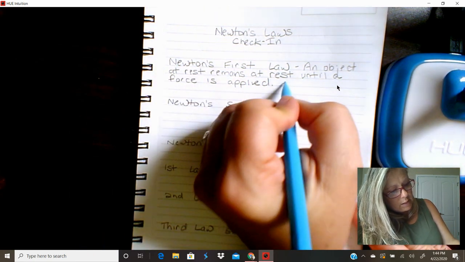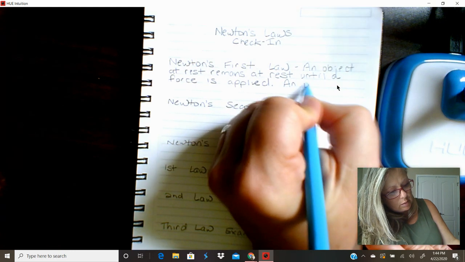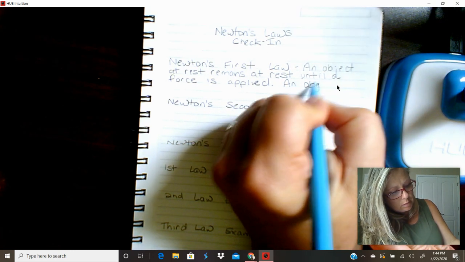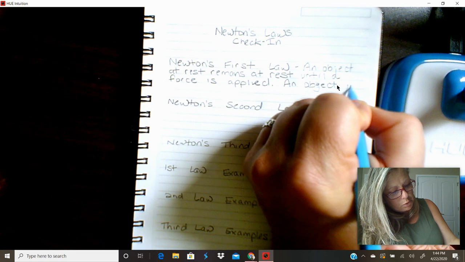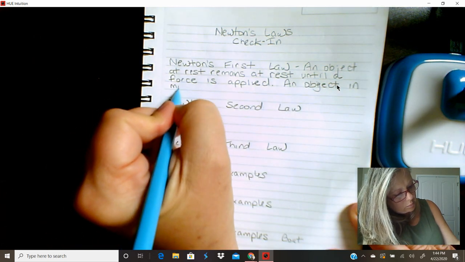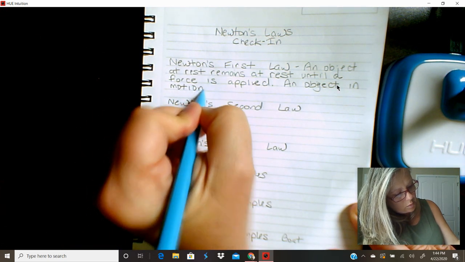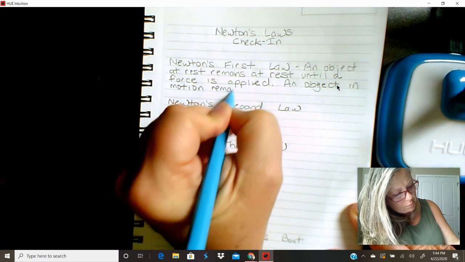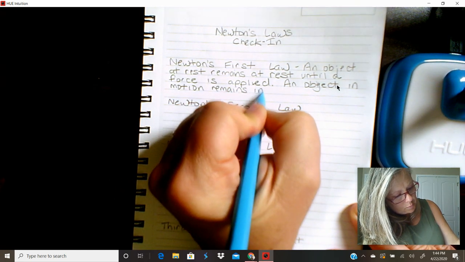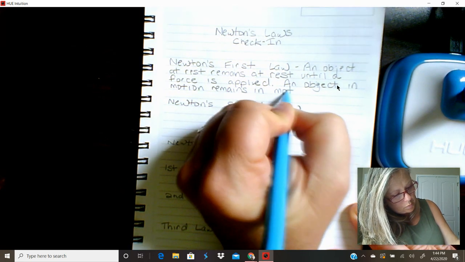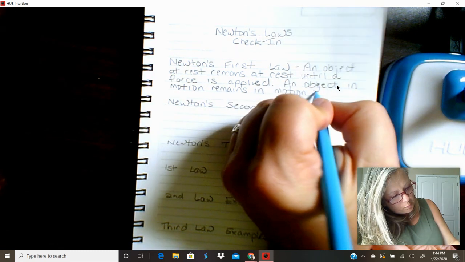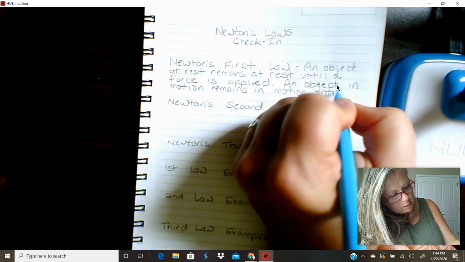And likewise, an object in motion remains in motion until a force is applied.